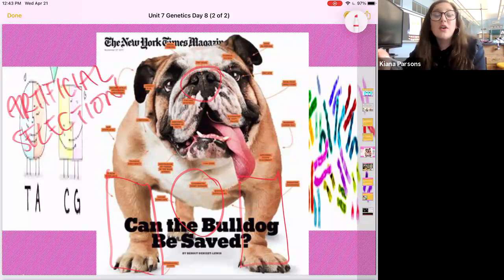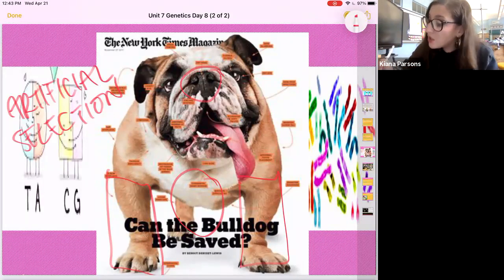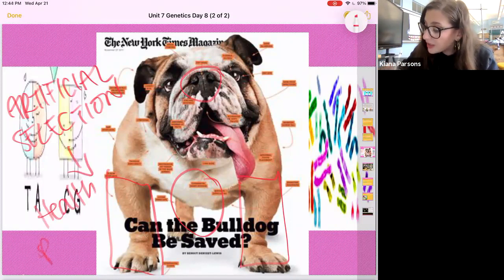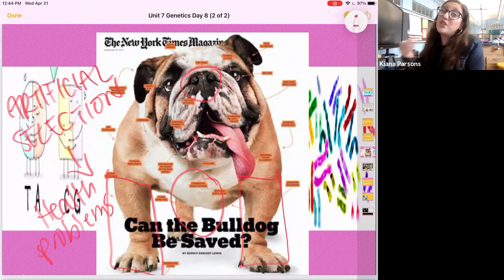So the dog would look this way, right? So we said we only care about how this dog looks, and as a result, the dog had health problems. So humans are keeping this dog alive, even though it really would not be able to survive on its own without humans assisting it. But we decided we wanted the dog to look like this. And how did we create a dog that looked like this?